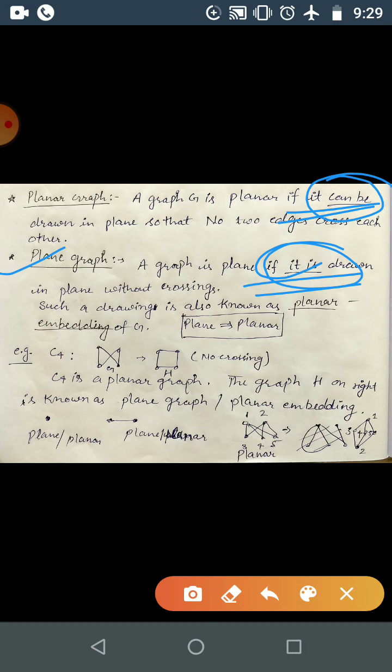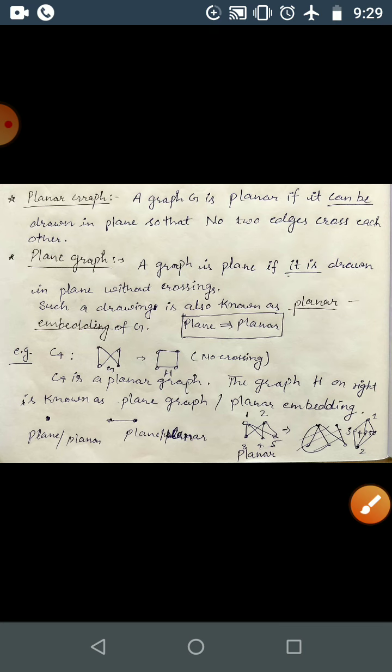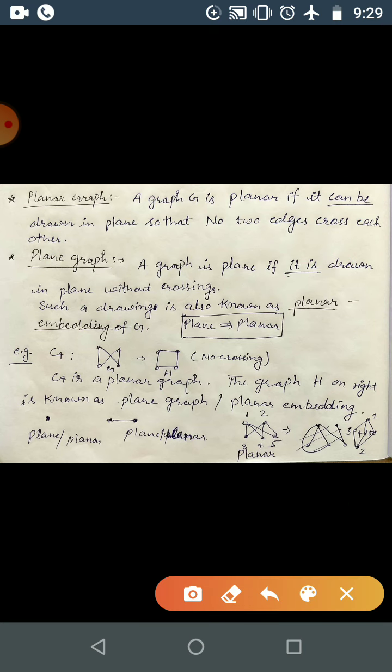Okay, and this plane graph is also known as a planar embedding of G. So such plane drawings are also known as planar embeddings. In some books you will find this as plane graph, or you will find planar embedding everywhere. So planar embedding means plane.